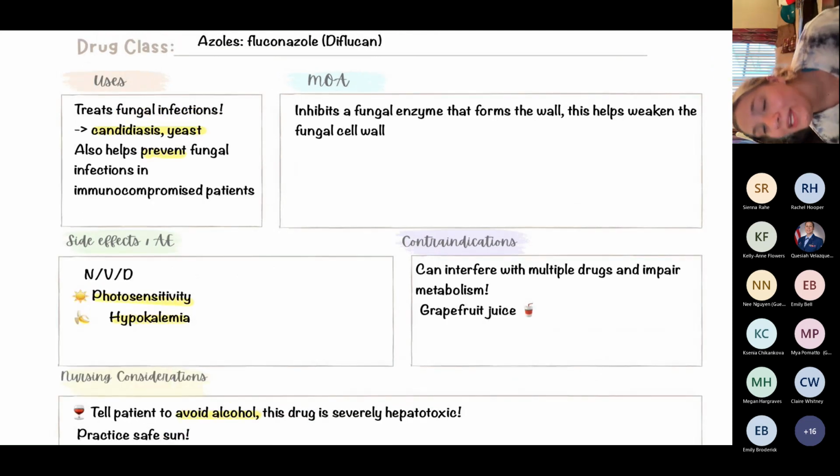A lot more common are azoles, such as fluconazole. These are a little bit safer, okay? Really, our main issues are some potassium imbalances. They make you pretty photosensitive, and absolutely please no alcohol or grapefruit juice. Grapefruit juice is contraindicated with so many different medications. I don't even know why they sell it anymore.